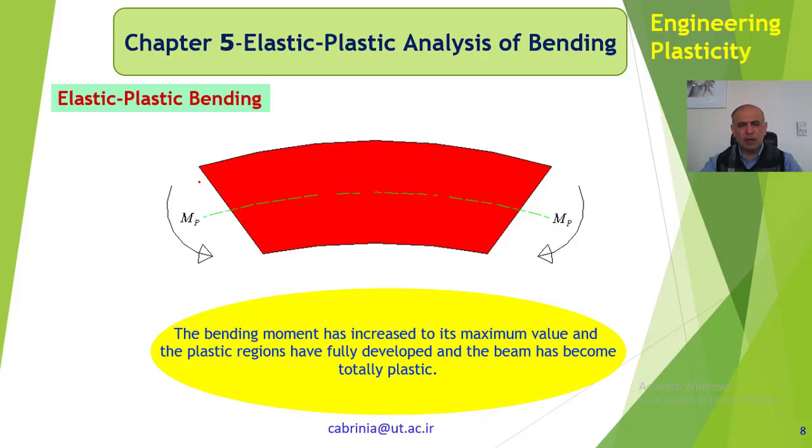But for the sake of argument, we say that as we increase this MEP, we reach a situation where this moment reaches a value MP, which makes all the material plastic. Okay, fully developed. It means it's fully plastic.